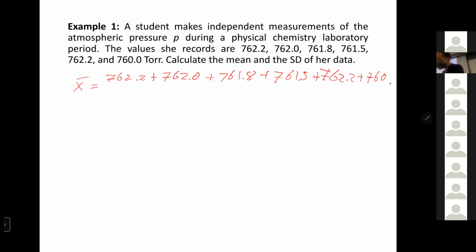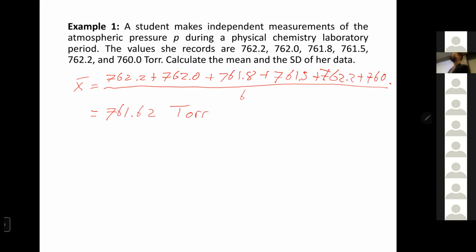Okay, so we sum all the numbers up that we measured, and then we divide by the number of measurements, which in this case is 6. Okay, and so this average then is, if you punch that into your calculator, 761.62 torr.